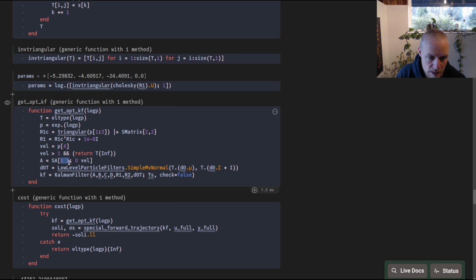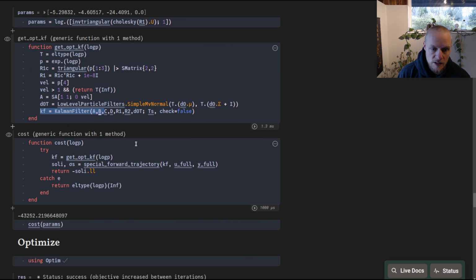It's 1, 1 still in the first row, and then 0, and I call this the velocity parameter. It's the 4th parameter in my optimization vector. And if that's greater than 1, I return infinite. It's a quick and dirty way to enforce that the optimizer doesn't pick a value greater than 1. Then I package this into a Kalman filter, and I use that in my cost function.